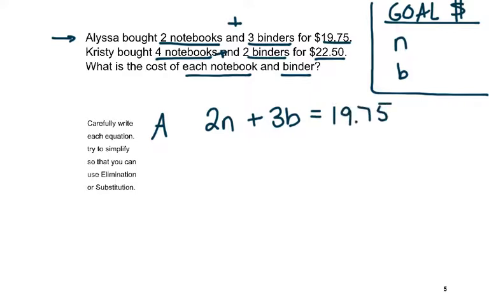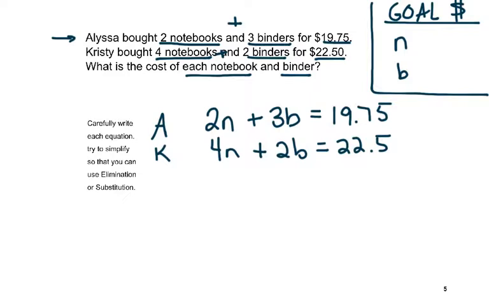And that's our first equation. So for Christy, we're going to write 4 notebooks and 2 binders for $22.50. And we can just write 22.5. It says, what is the cost of each notebook and binder?